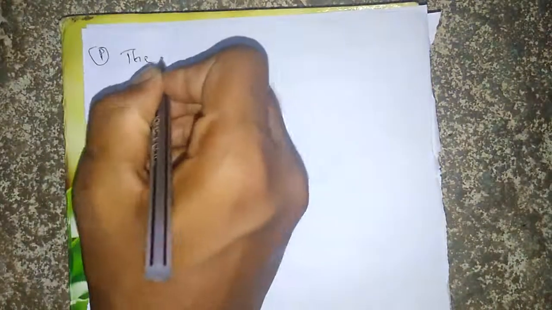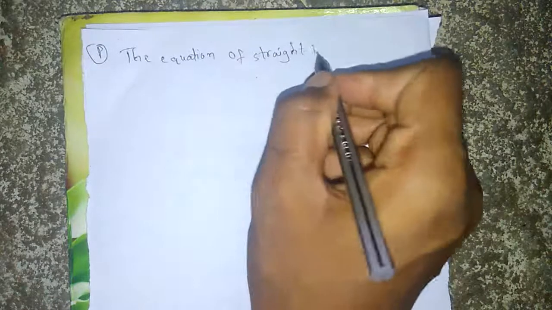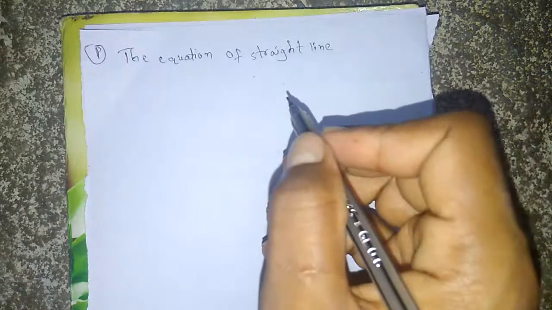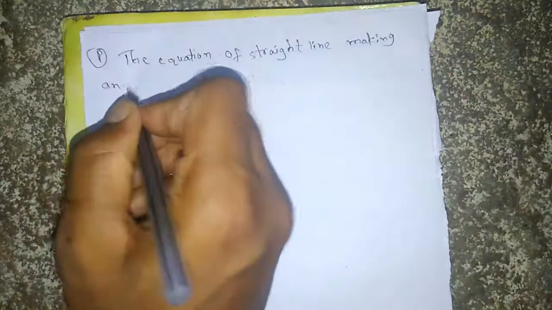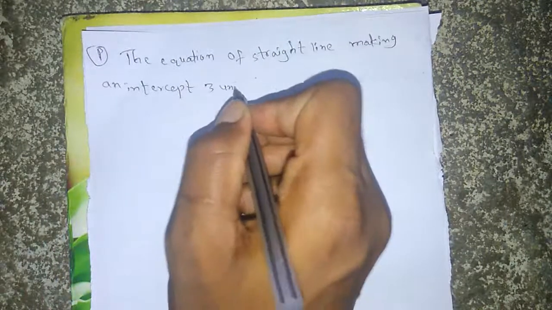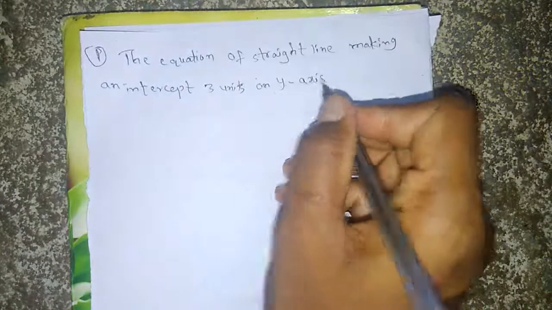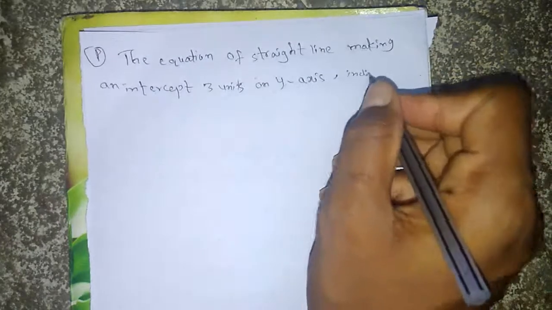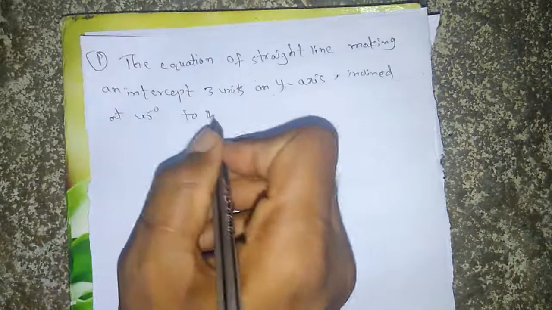Next problem is the equation of a straight line making an intercept of three units on the y-axis and inclined at 45 degrees to the x-axis.